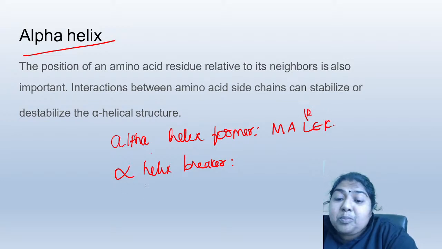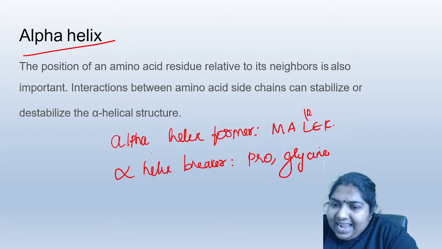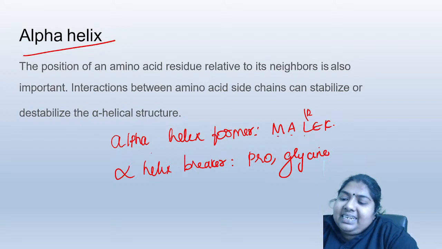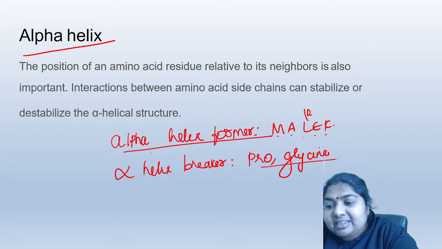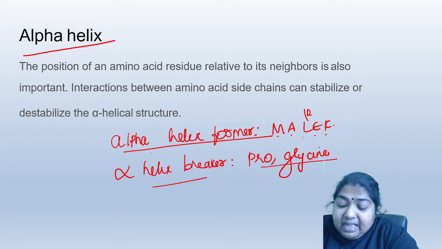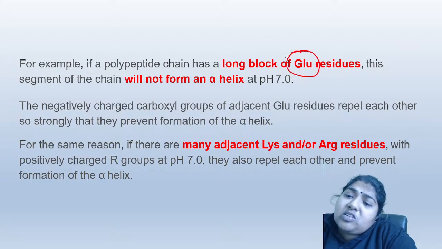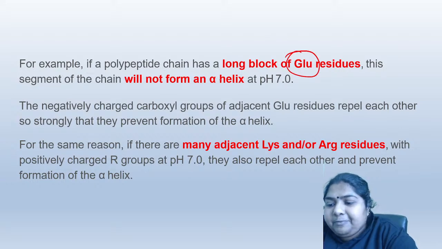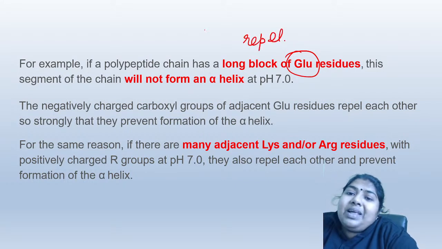And the alpha helix breakers are proline and glycine. So if you have methionine, alanine, arginine, leucine, glutamic acid and lysine, they are all alpha helix formers. But proline and glycine serve as alpha helix breakers. Also if you have long stretches of glutamic acid, then the same charges are going to repel each other.